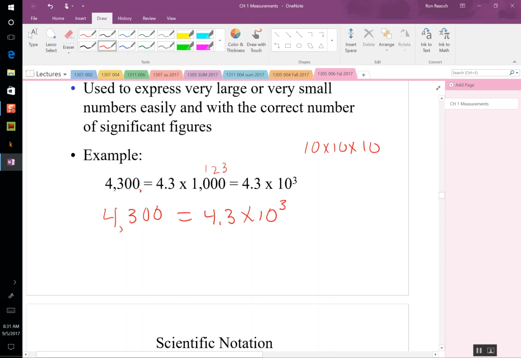We're moving this decimal point over 1, 2, 3 places. And that's where we get that. To get it back to its original form, we have to multiply it by 10 3 times. So when we move the decimal place to the left, for each place we move it to the left, we add another exponent to 10.